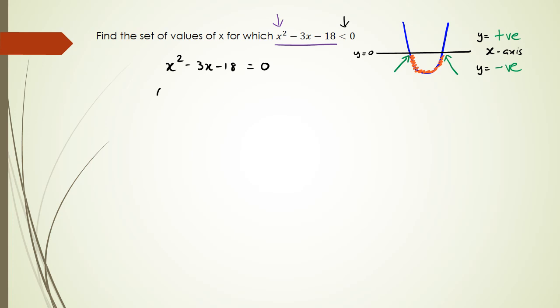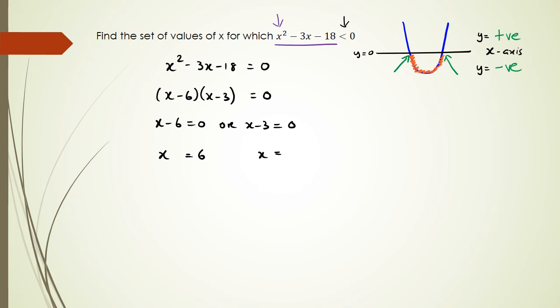So factorize this, and we get x minus 6 and x minus 3 equals 0. At that point, we can say x minus 6 equals 0, or x minus 3 equals 0, which means our first value is x equals 6, and our second value, have I done this right? No, I haven't.